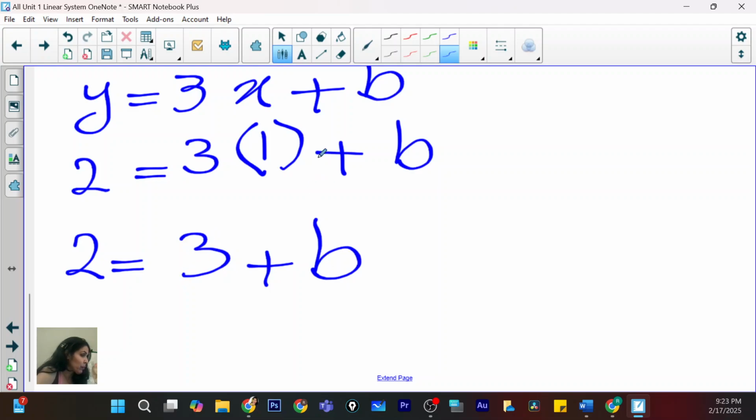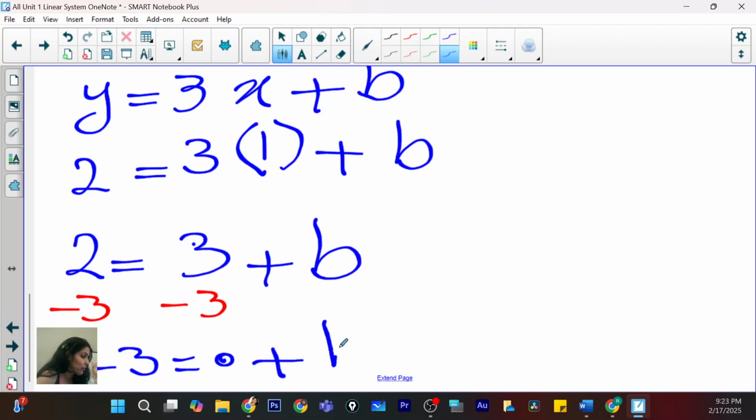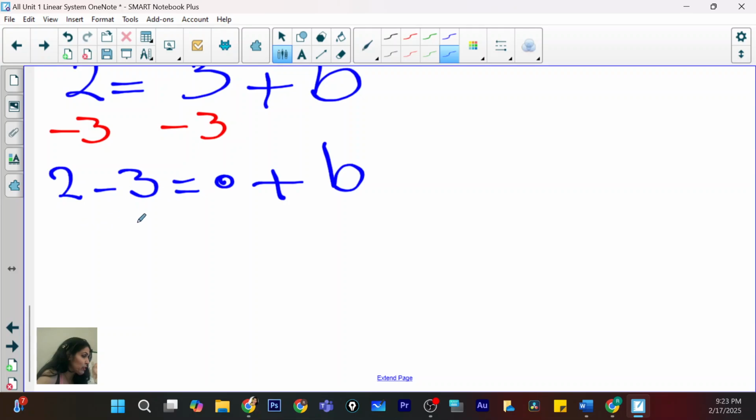So this time I'm going to subtract both sides by 3. So you see it's the same thing. So we have 2 minus 3 equal to 3 minus 3 is 0. You can put 0 or 0 plus b, or equal 2 minus 3 is negative 1 equal to b.